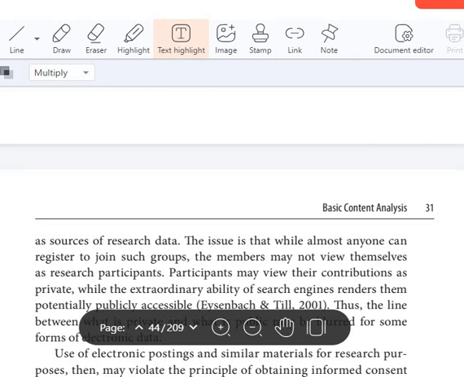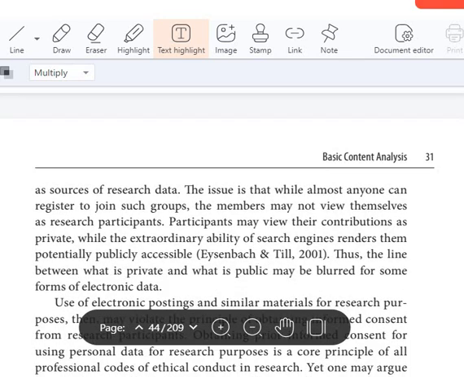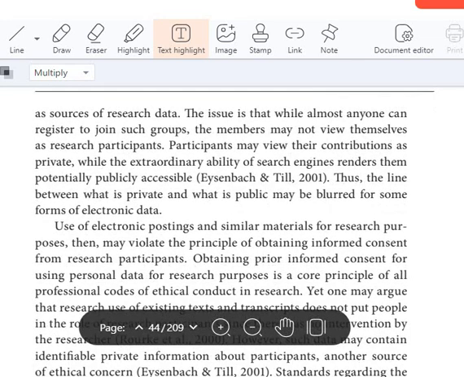So if you want to collect data electronically, with evidence from Twitter or Facebook, you should also get their approval. You should not ignore this fact.